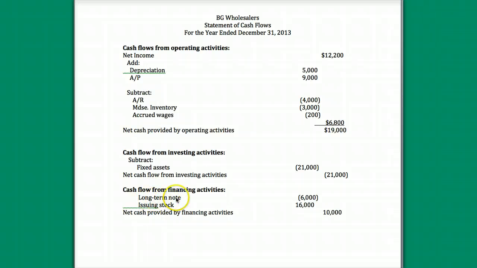Additional long-term borrowing is a negative amount because it's lower, so we've actually paid more of our long-term debt off. So that's a use of cash. There's the $6,000 difference from last year to this year. But we issued some stock, and when we issued some stock, we got $16,000 in additional cash, so that's why it's a positive. And you combine a negative $6,000 and a positive 16, that gives you $10,000.